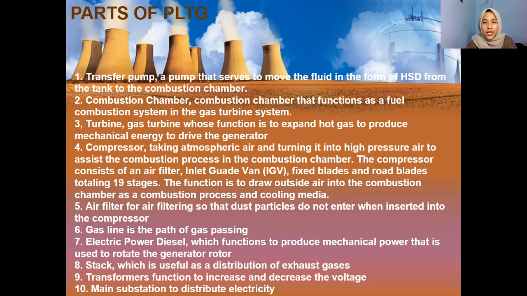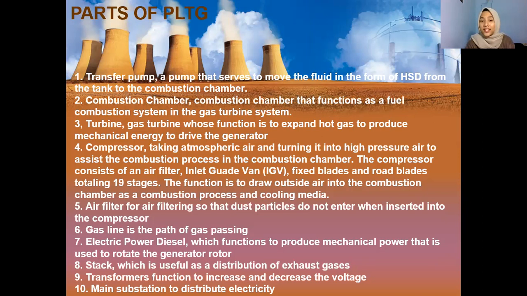The compressor consists of an air filter, inlet guide vane or IGV, stack place and road place totaling 19 stacks. The function is to draw outside air into the combustion chamber as a combustion process and cooling media. Number 5, air filter, for air filtering so that dust particles do not enter the compressor.